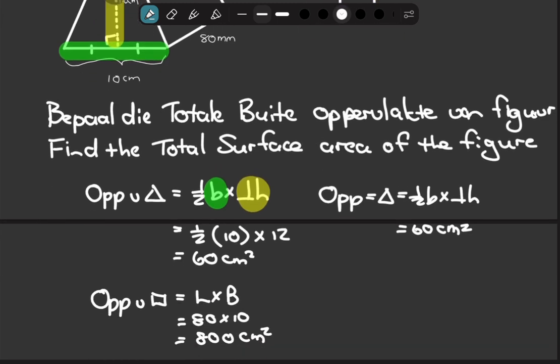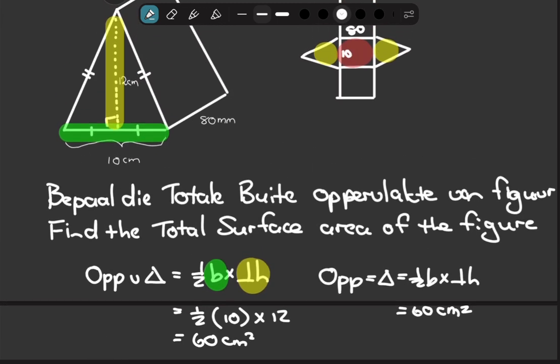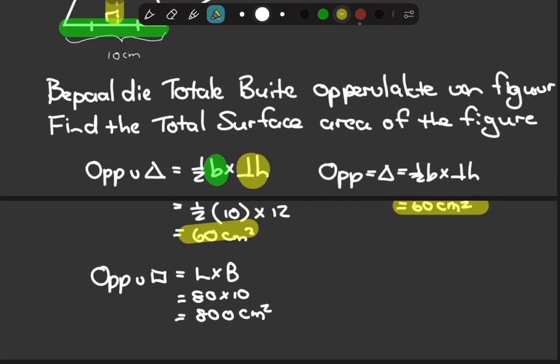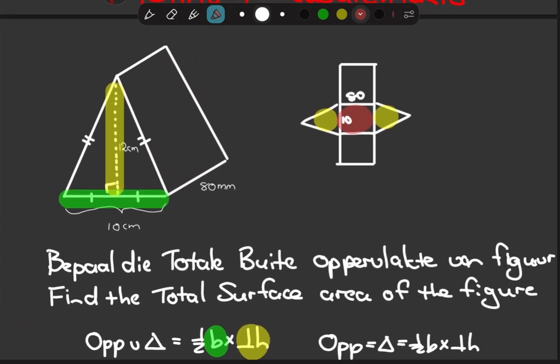So at the moment I've got my two triangles. That's the results, and I've got my base, which is that result. Okay, nou moet ons gou hierdie uitvind. Kom ons maak hulle blou. So ons gaan nou hierdie ene doen en hierdie ene, and we just have to see if they are equal in size, en hulle is.